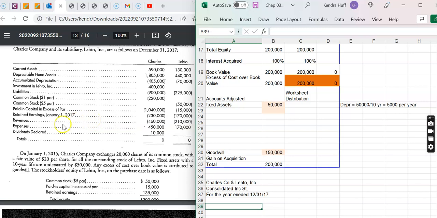Okay, so let's see what they had here. They have revenues, $460 plus $210. They have expenses.